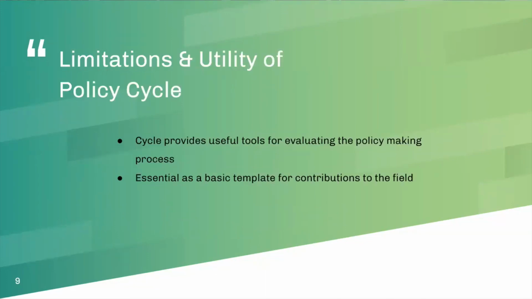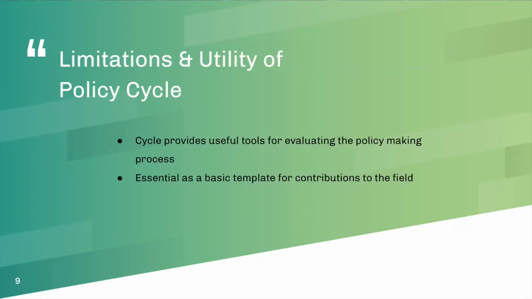The policy cycle has provided a lot of useful tools for evaluating policy making and is seen as an important conceptual framework. Even though it can be really disjointed, it is essential as a basic template for comparing contributions to the field of policy studies. It really serves as a baseline for communication between diverse approaches in the field.